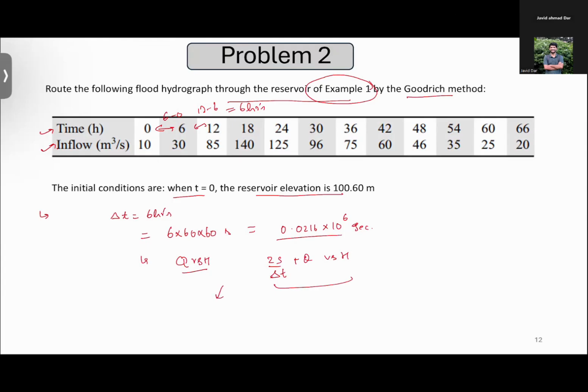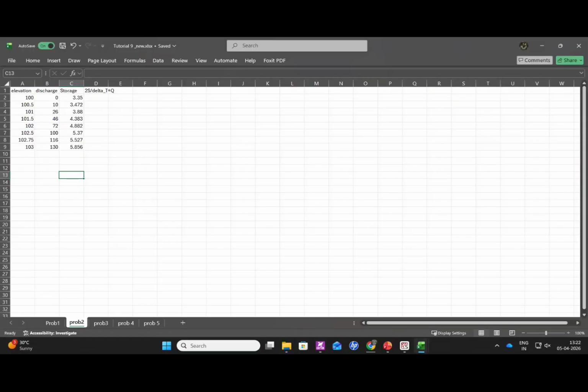I will share the Excel sheet. So you are given the elevation, you are given the discharge and storage.